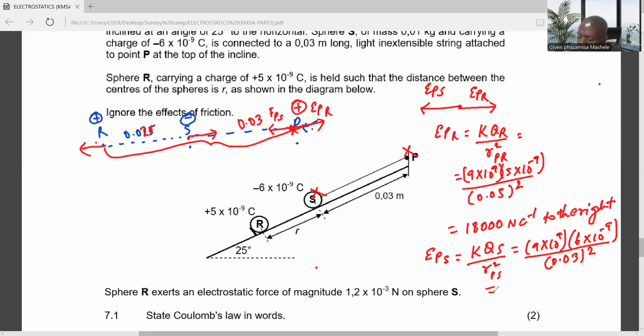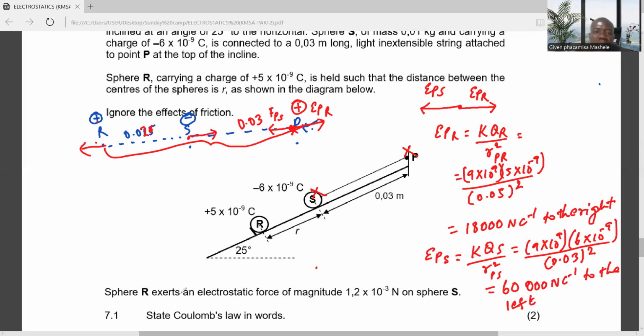So it's 9 times 10^9 multiplied by 6 times 10^-9 divided by 0.03 squared. That will give us a magnitude of 60,000 Newton per coulomb to the left.